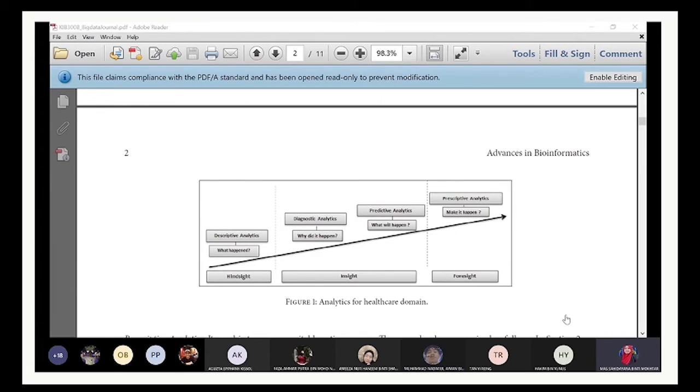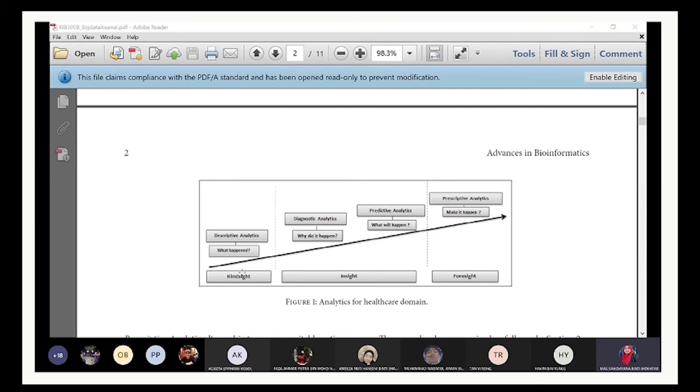So for example, I think descriptive analysis is what is happening, right? So you are given a lot of data. I'm going to give you an example. What is happening now in COVID-19: suddenly too many people attend the clinics with the same symptoms. So people want to know what is happening, so they will describe the condition.